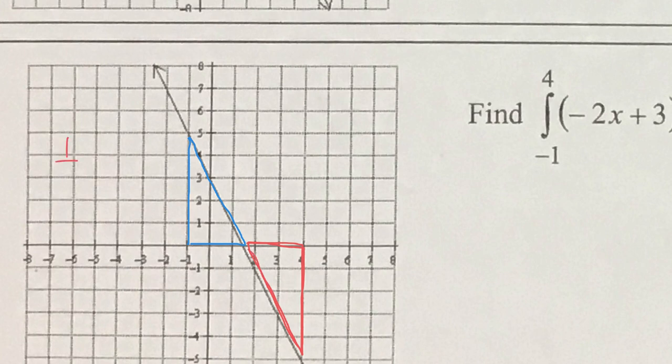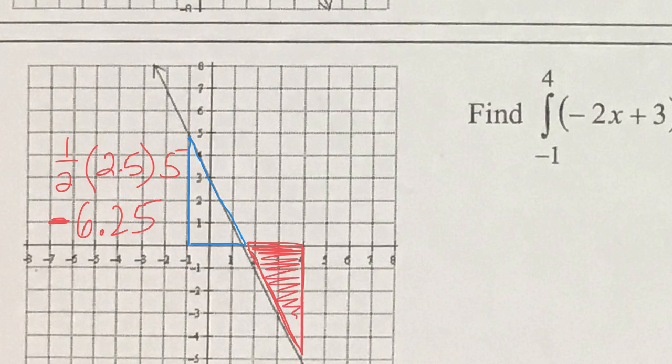We can do 1/2 of base times height. It looks like the base is 2.5 units times a height of 5. So 2.5 times 5, and we get 6.25.